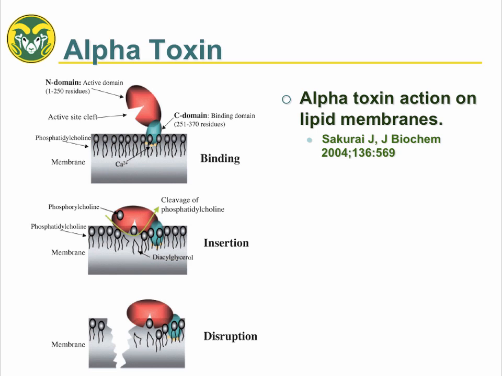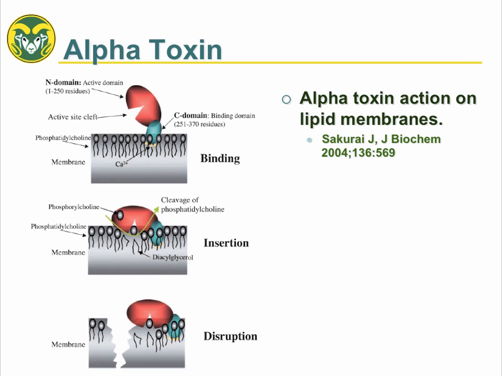Okay, this was from a paper in the Journal of Biochemistry looking at alpha toxin action. Any biochemists in here? My undergrad was in biochemistry. I still love this sort of stuff. I don't get to dabble in it too much, but I like the pictures. It's got a carboxy terminal domain that binds into the lipid bilayer, and then the N-terminal domain.